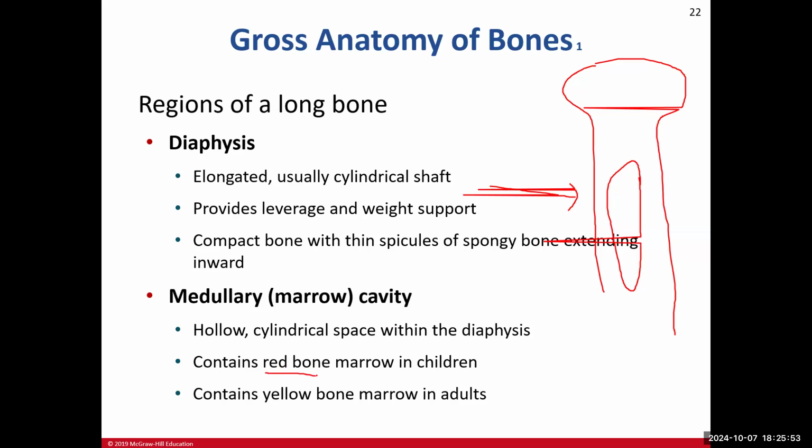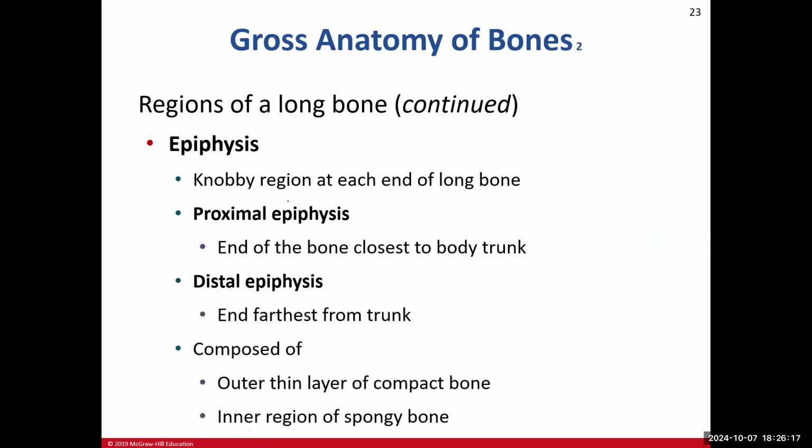But as you get older like us, mainly your axial skeleton is producing the blood cells, and a lot of the parts of the appendicular skeleton, that red bone marrow turns into yellow bone marrow. And we'll talk about that in a second. But what I want you to know, the medullary cavity is just a hollow space in the center of the bone.